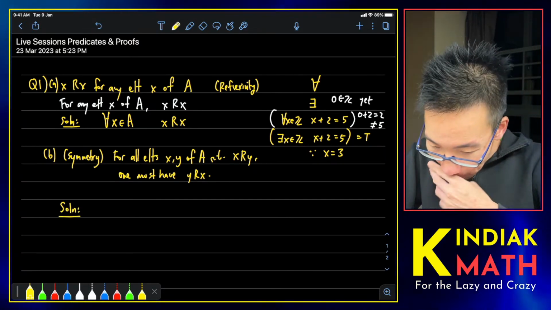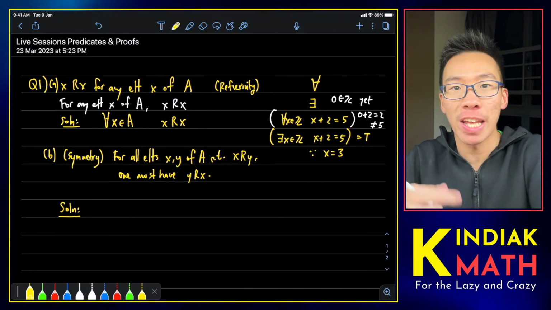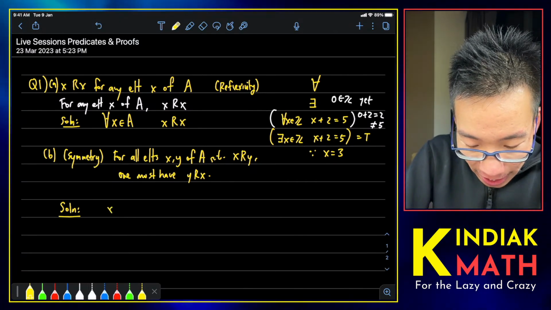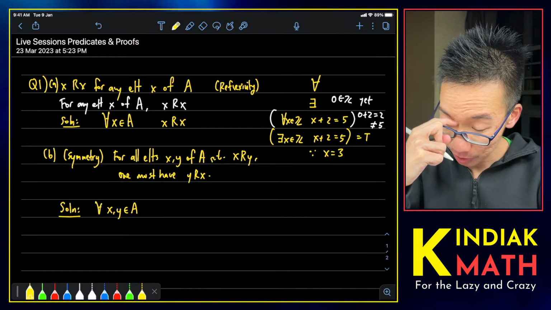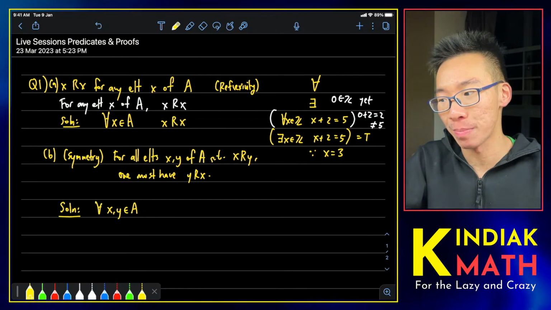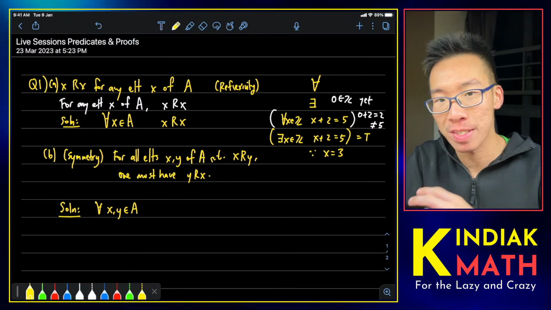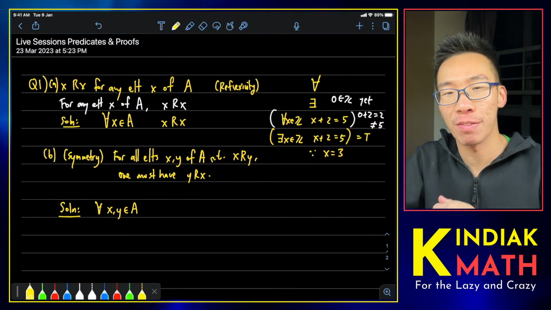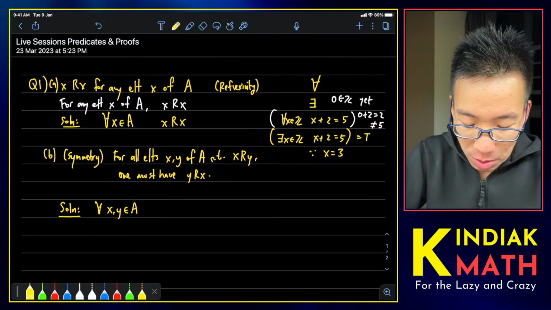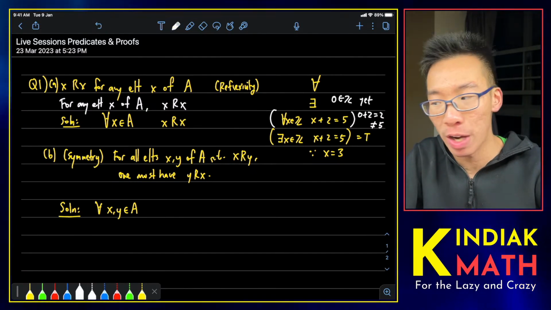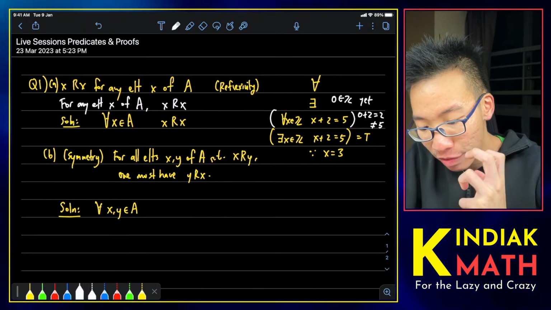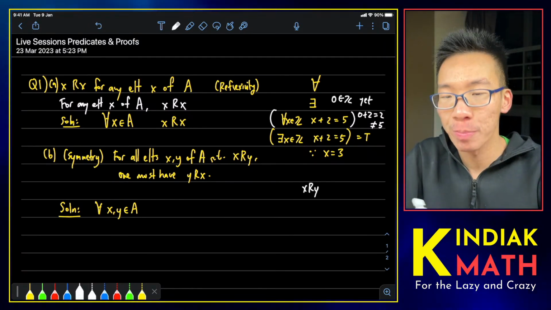Since we're considering any elements x and y of A, it will be x, y in A, and for any element. And we have this little property over here, such that something, and then one must have y related to x. So this is a situation where we care about the elements x, y of A that satisfy xRy.